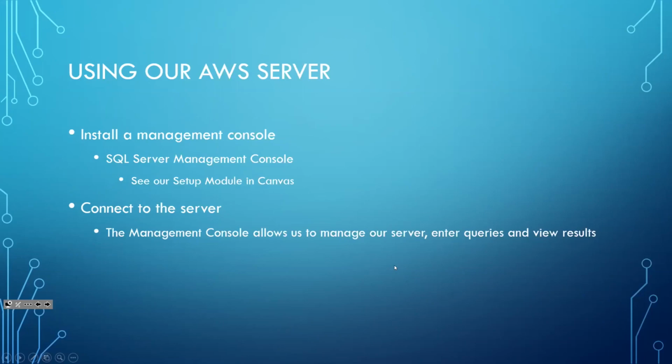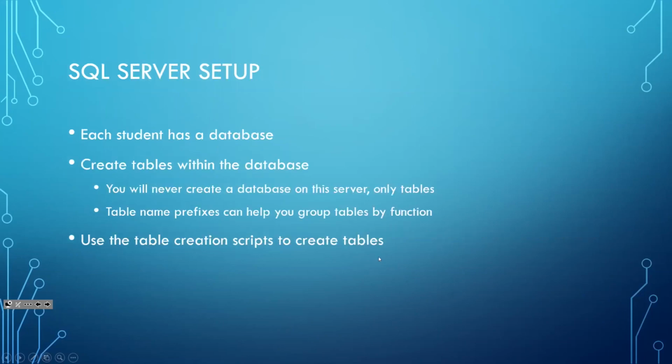So we need to get that going. When we get connected to our SQL Server database, each of you will have a database already created, and we'll be able to create tables within that. So we'll be able to create these same tables that they're using as examples.